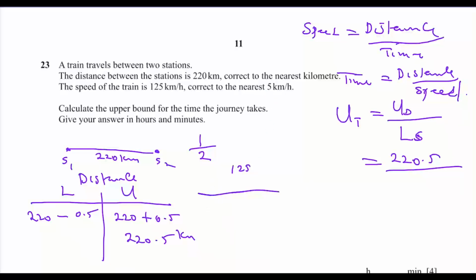To get the lower and the upper bounds, we say 125 minus something, then 125 plus something.